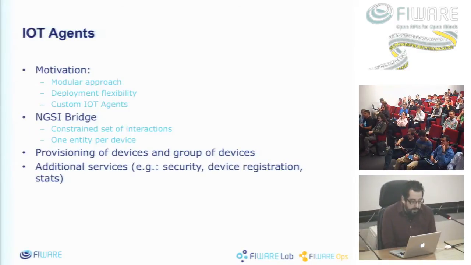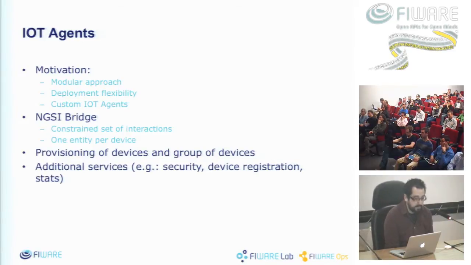Well, first of all, what is the motivation behind the creation of the IoT agents? Before the appearance of the IoT agents, the generic enabler FIWARE provided was the IDaaS. That was a monolithic application that offered a closed set of protocols, designed to be executed as a service in the cloud, and you could also install the IDaaS as a single component in your machines.